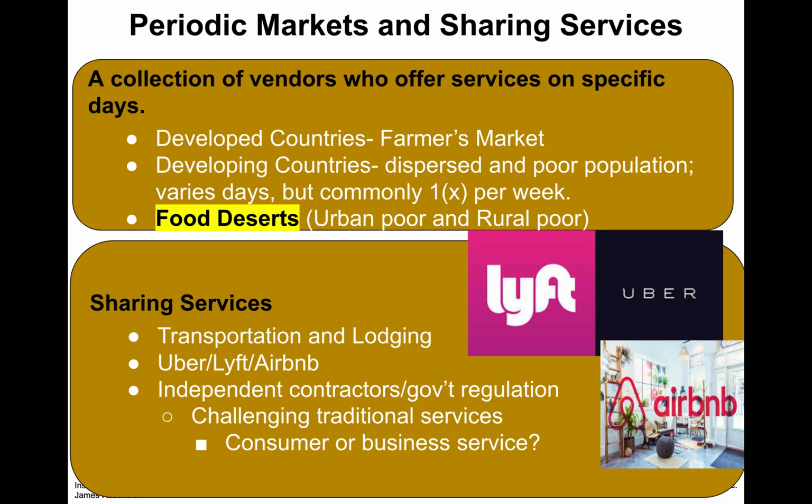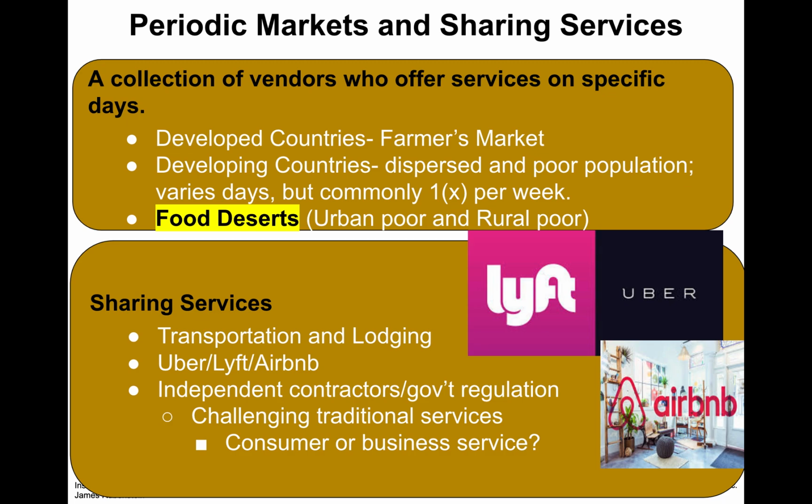In developing countries, most oftentimes these are areas where they can't access consumer services. So these are the areas that would follow the primate city rule, where they are dispersed, where there's poor population, and the days will vary. But again, there'll be sparse population, low incomes, and the purchasing power parity will be too low for any consumer services to have a node in those regions.